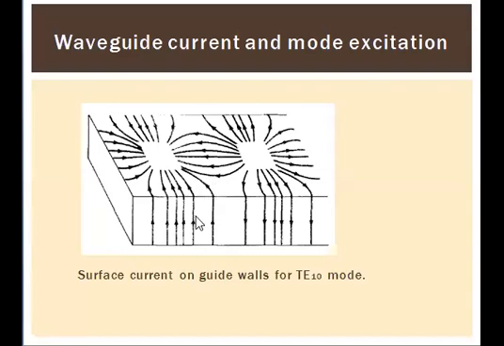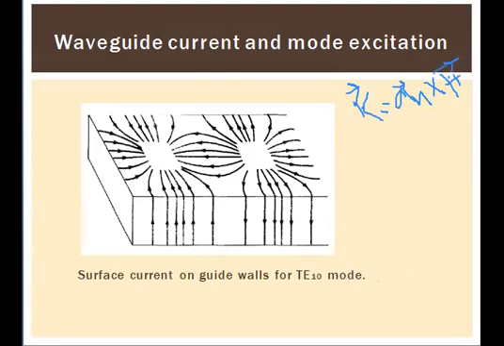For either TM or TE mode, the surface current density K on the walls of the waveguide may be found using K equal to a_n unit vector cross H, that is the magnetic field.